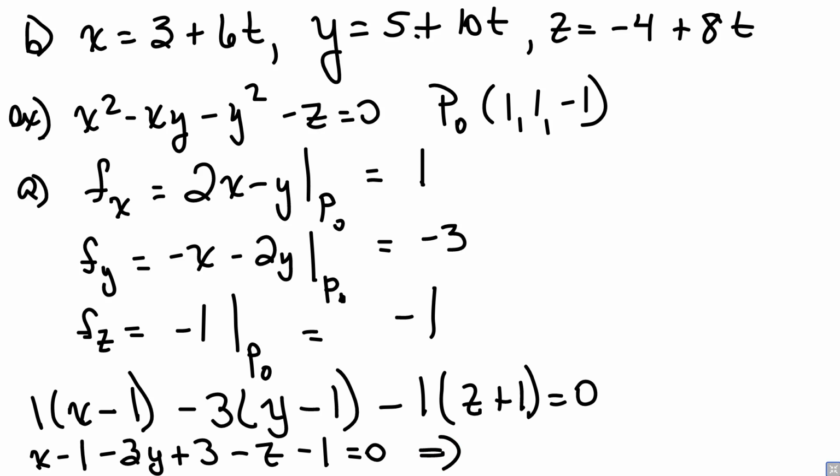So I could say that my final answer would be that x minus 3y minus z would be equal to what? -1. Okay. Again, you can have the negative 1 on the other side, so it'll be plus 1 is equal to 0. Okay, so you can have it either way. Any questions?